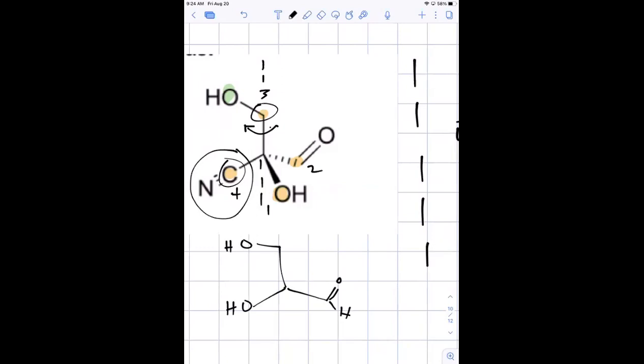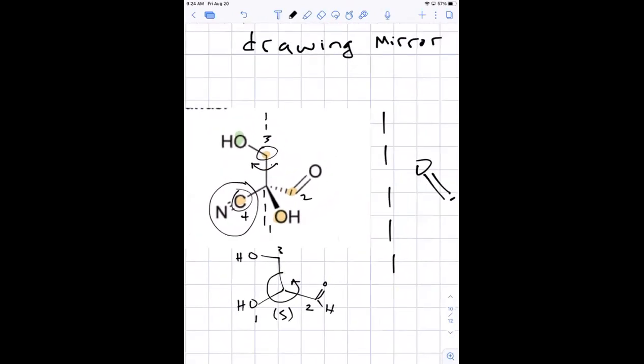If I just rotate around that axis to get cyanide pointed away, this is how the groups will be oriented. So that'll be 1, that's 2, and that's 3. Anybody not see that? Then that's going to be counterclockwise, so it's S. Any questions on that one?